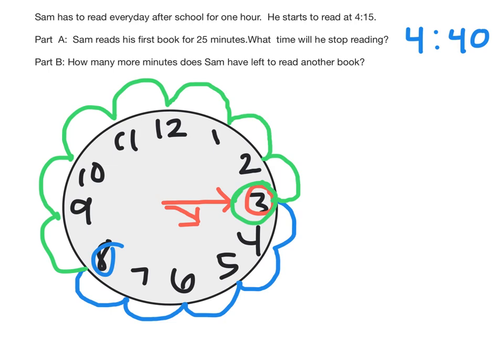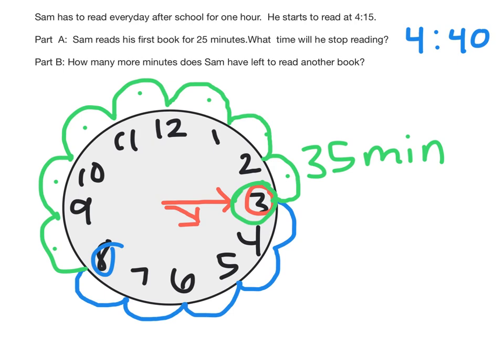So that is going to leave me 5, 10, 15, 20, 25, 30, 35. So my answer to part B is 35 minutes left to read another book.